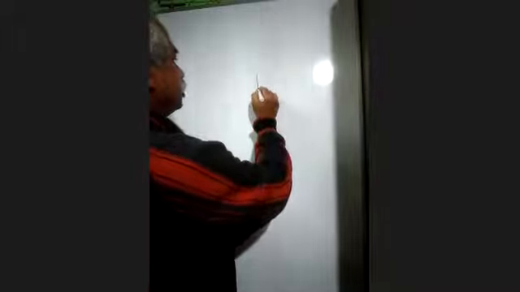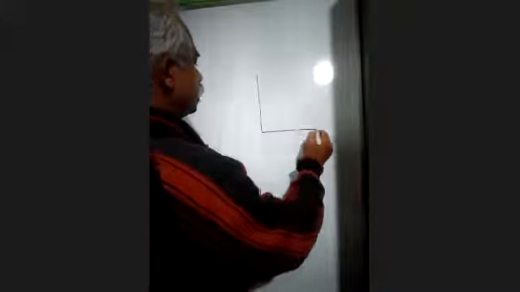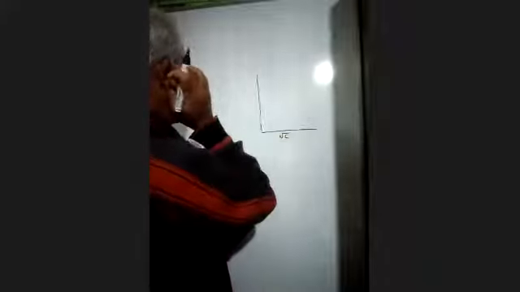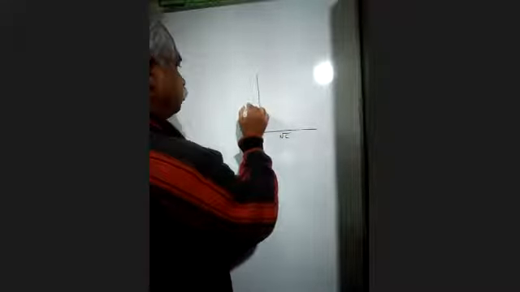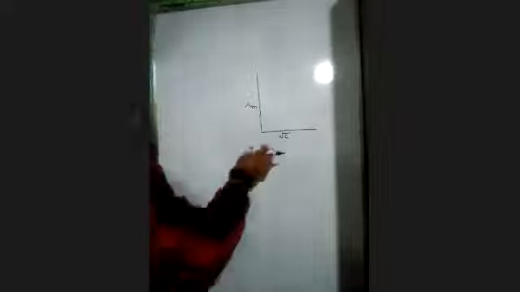With this knowledge, we proceeded to the weak electrolytes. In case of weak electrolyte, we found the conductivity was increasing very slowly, and we started plotting it in a graph. Where did we get it from?